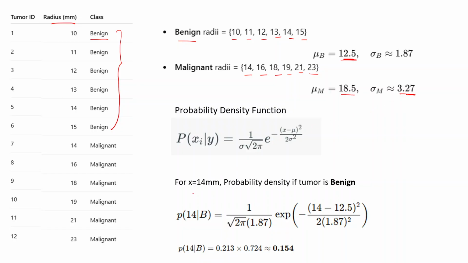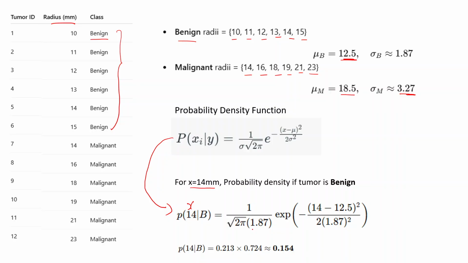Now, say if the tumor radius was 14 mm, what is the probability density of whether it is benign or malignant? We can calculate. But we are asking here the question, if the tumor radius was 14 mm, what is the probability density if the tumor is for the benign case. At that time, we take this probability density function, and the x value will become 14.